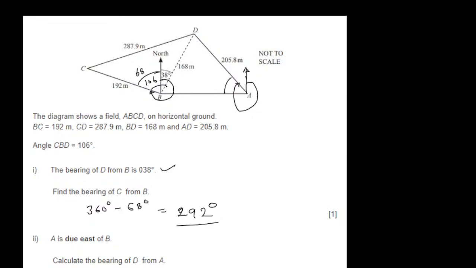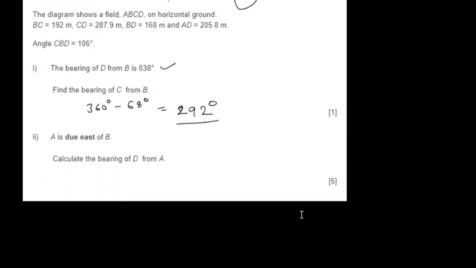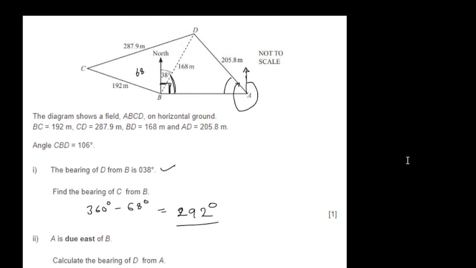Here, at this point A is due east, so I can say that from this north, this total angle will be 90 degree. Okay, so as this angle is 90 degree, I can work out this particular angle. Now as I work out this particular angle, this is for 5 marks.